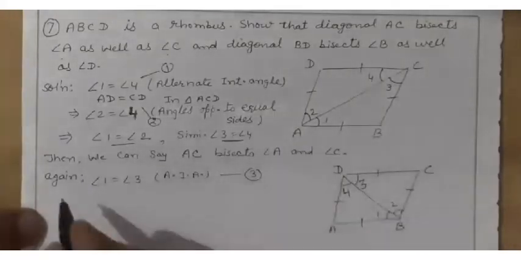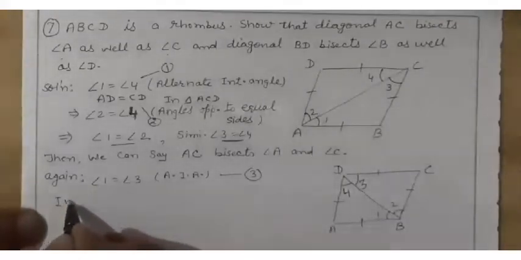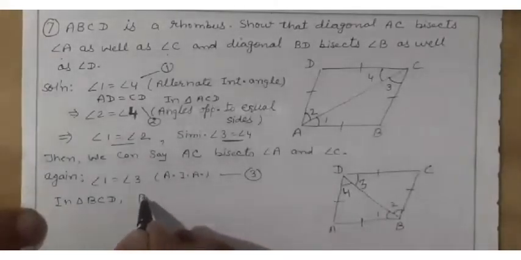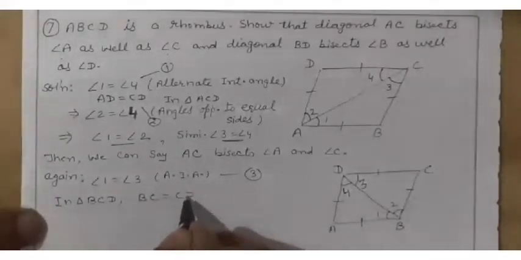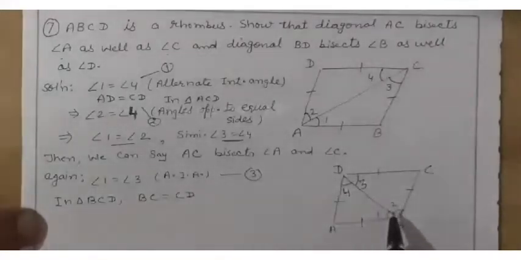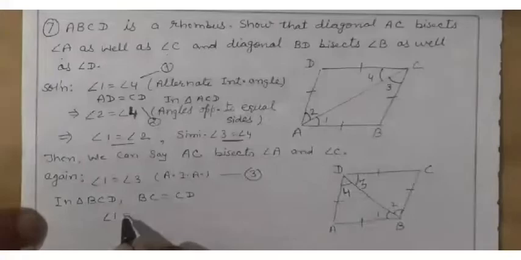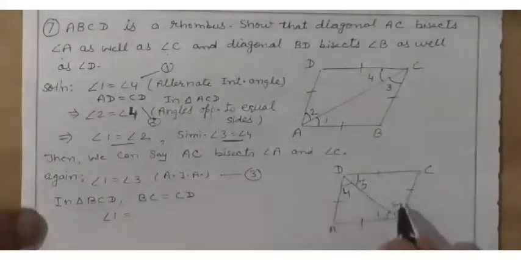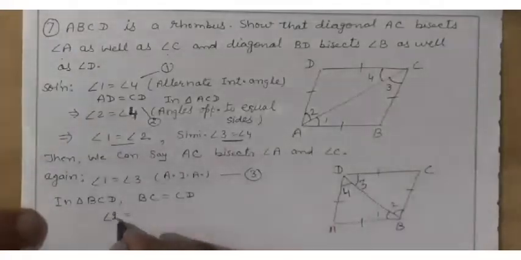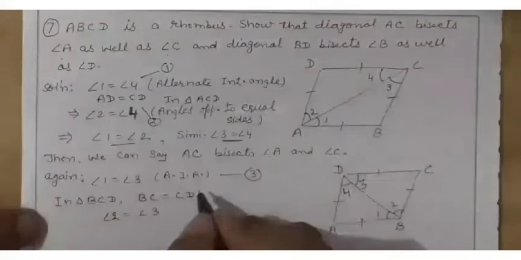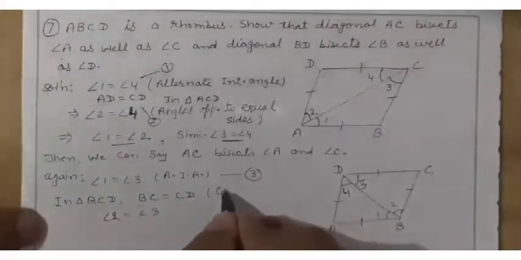Then take triangle BCD. In triangle BCD, you are given BC equal to CD. Angle 2 is equal to angle 3 because angles opposite to equal sides are equal. Because this is given.